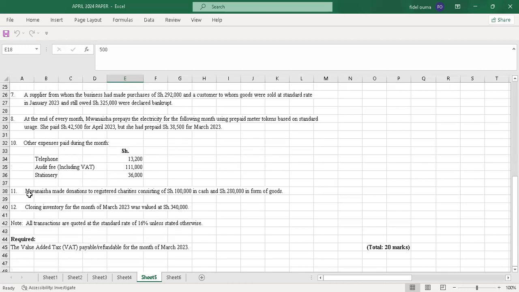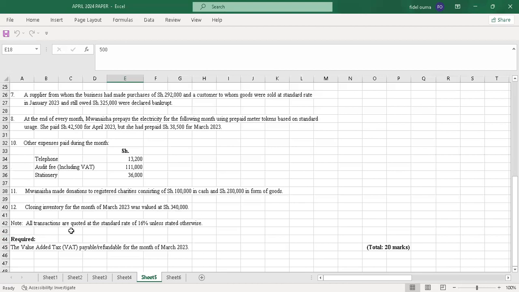Then we go to number 11. Mwanaisha made donations to registered charities consisting of shillings 100,000 in cash and shillings 280,000 in form of goods. Number 12, closing inventory for the month of March 2023 was valued at shillings 340,000.